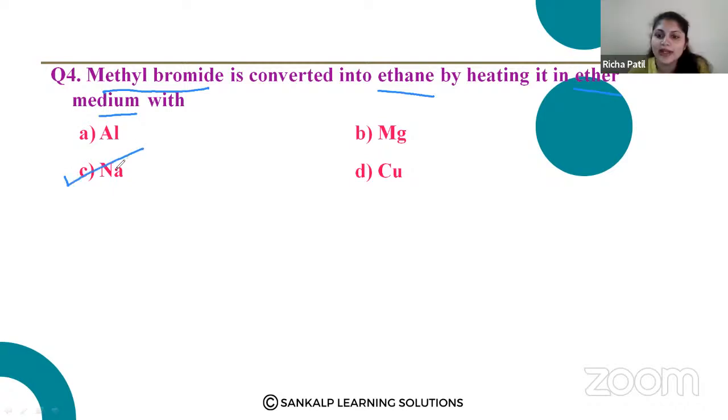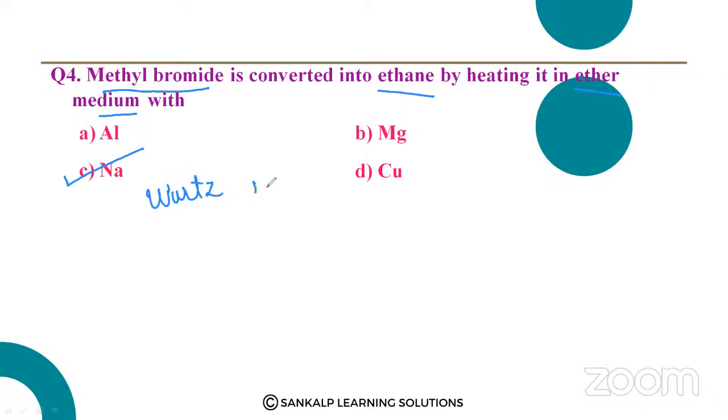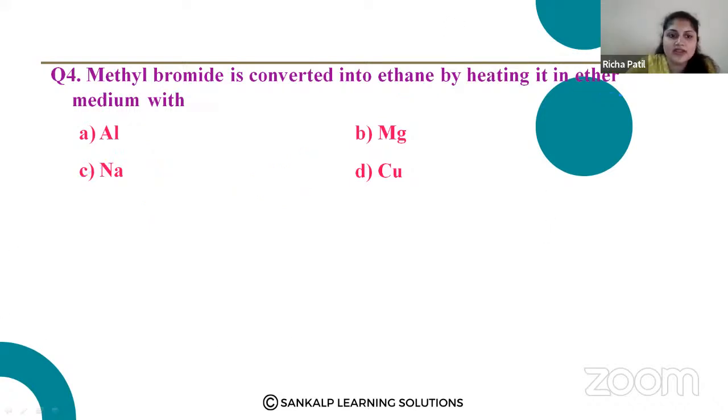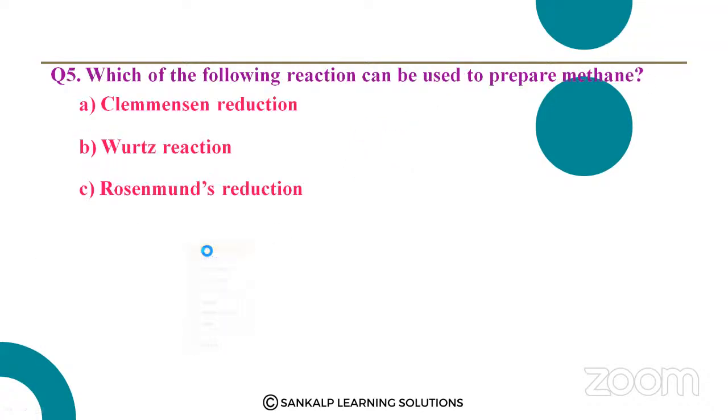With sodium, right? The correct answer is C, with sodium. This is the Wurtz reaction. So methyl bromide is converted into ethane by heating it with ether medium with sodium. So this is the answer.